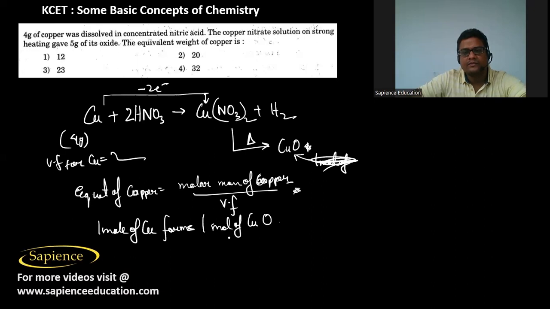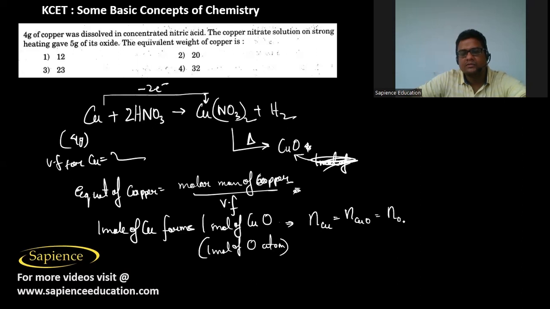So simply, the number of moles of copper is the same as the number of moles of copper oxide. Now, 1 mole of copper oxide also has 1 mole of oxygen atoms, so it will also be the same as the number of moles of oxygen atoms.